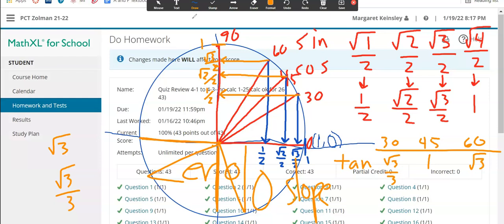A vertical line has no slope. Have I talked about that with you? Okay. So I assume the trickiest ones to remember are the 1, radical 3 and radical 3 over 3. So I'm assuming that the other ones are kind of known. Does that make sense?